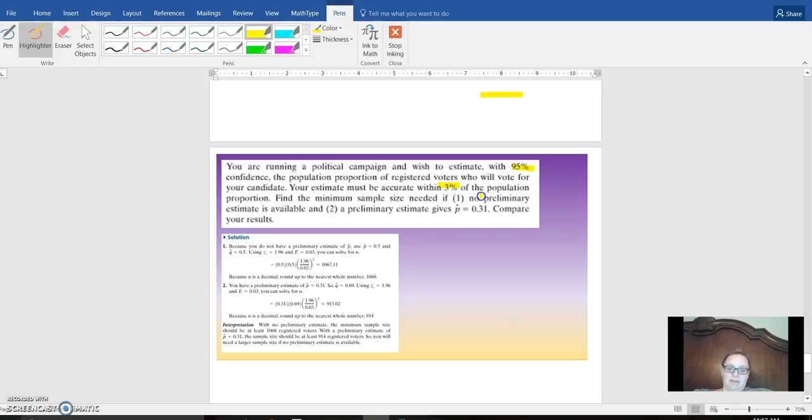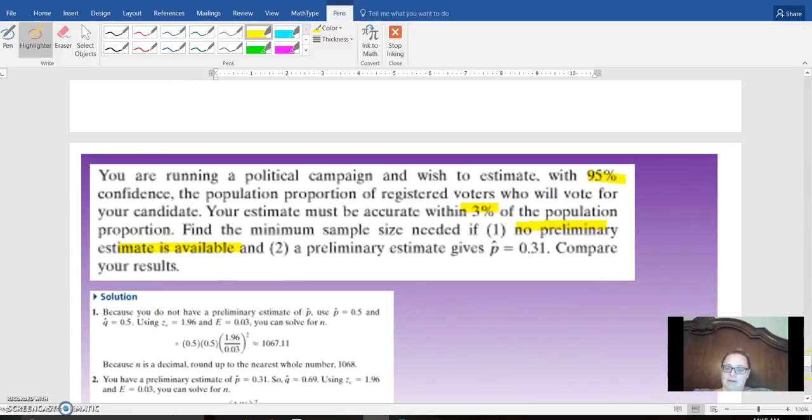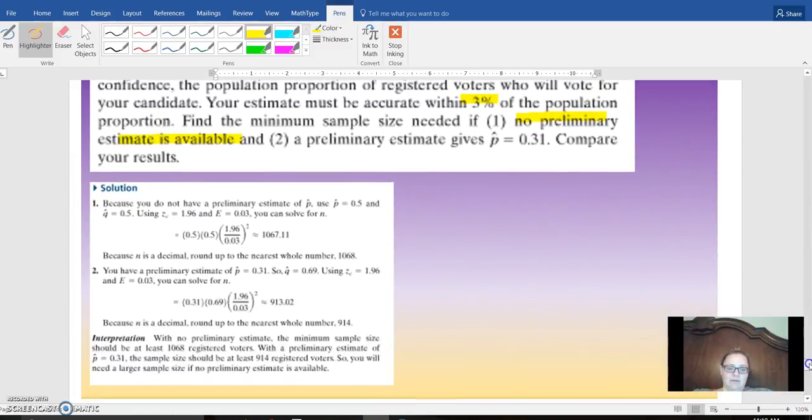So we're going to pretend that there's no estimate available. Okay, and when we do that, zoom in because I already put it out. We're going to use 0.5. And then we're going to be 95% confident, so that's the 1.96. 3%, you change it to 0.03.